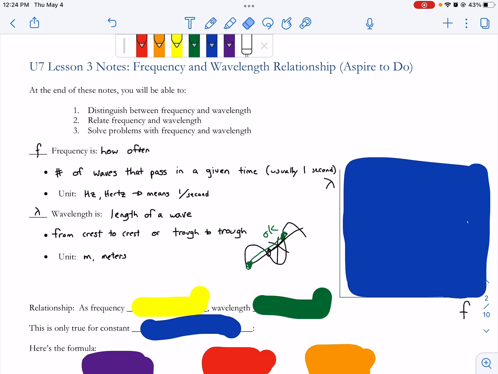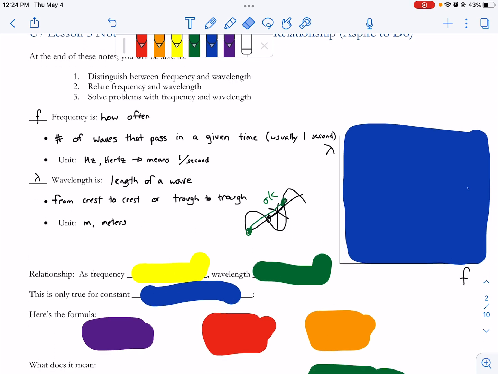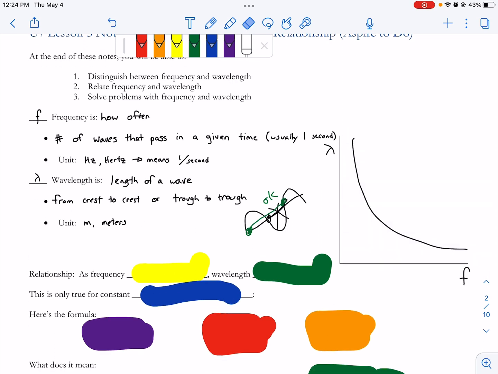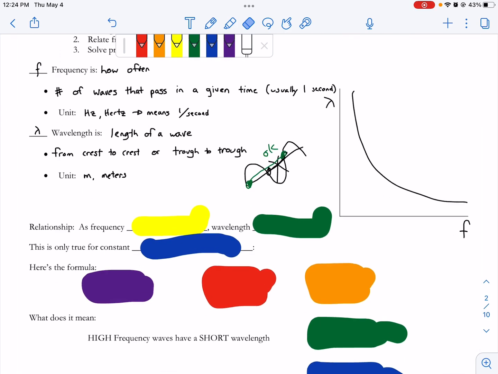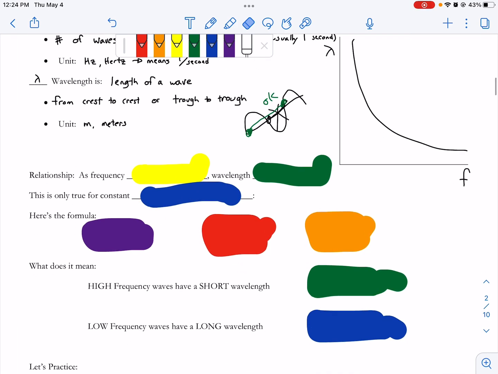It looks like this inverse curve that we've seen before, so they have an inverse relationship. As frequency increases, wavelength decreases.